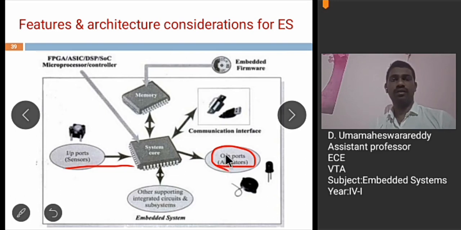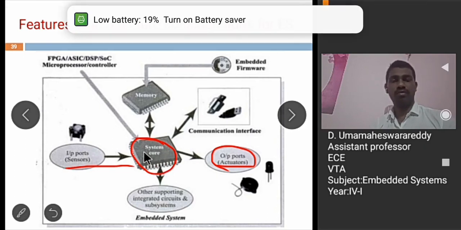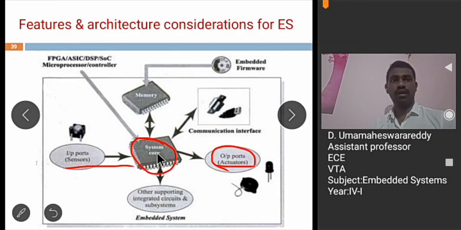And coming to the system core, embedded systems are domain-specific applications. That means they perform specific tasks, and these are built around a central core. The core of the embedded system falls under different categories. Our central core may be a microprocessor, or a microcontroller, or a digital signal processor, or an application-specific IC, ASIC, or CPLD, or FPGA.